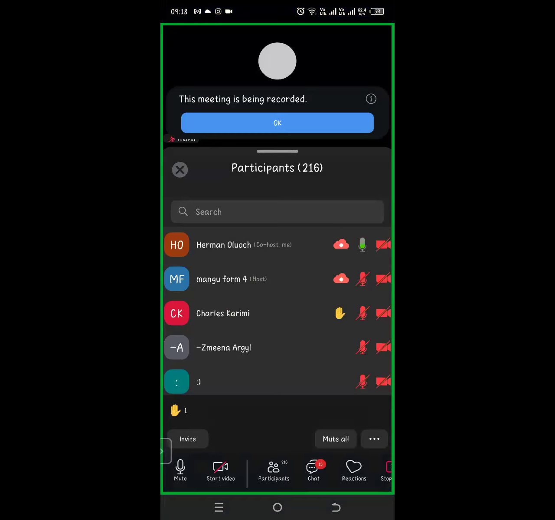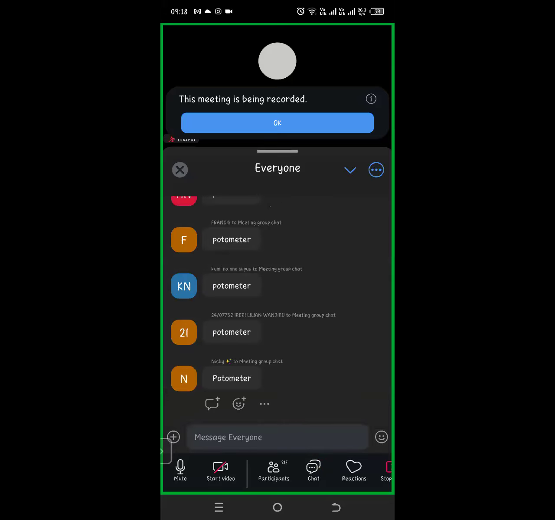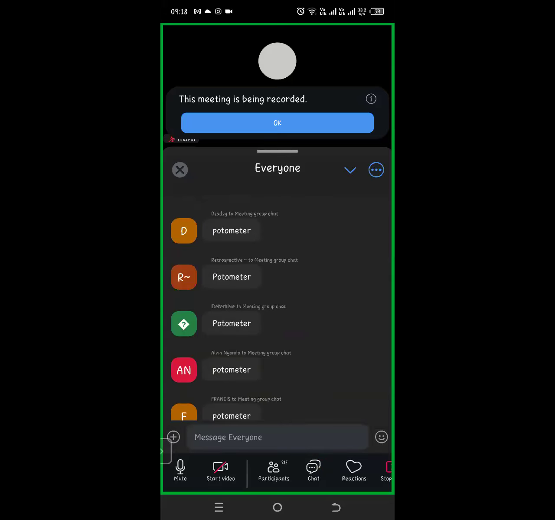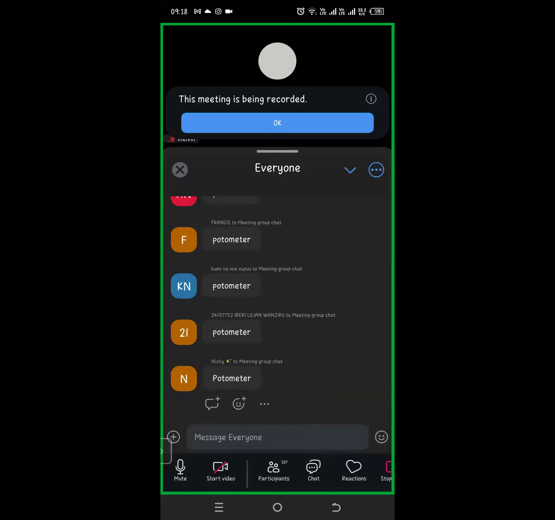Charles, you can unmute and speak. Again, Charles has lowered his hand. Oh, okay, I can see from our chat, we were talking about the potometer. That is very okay. So what are the precautions that we need to take while using this apparatus?